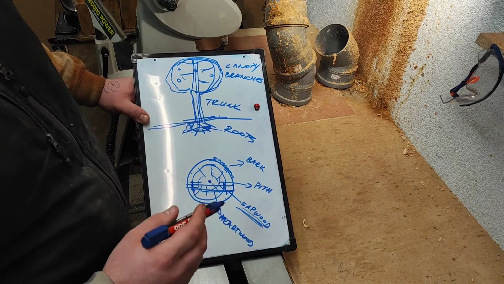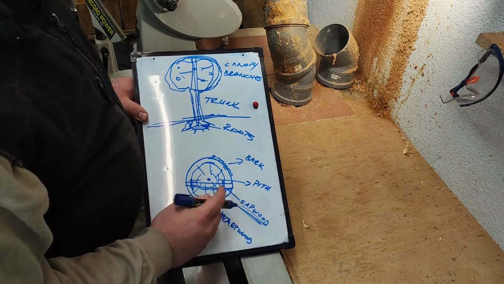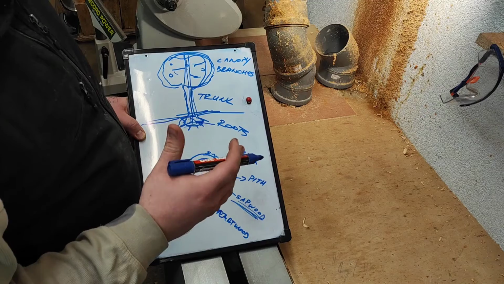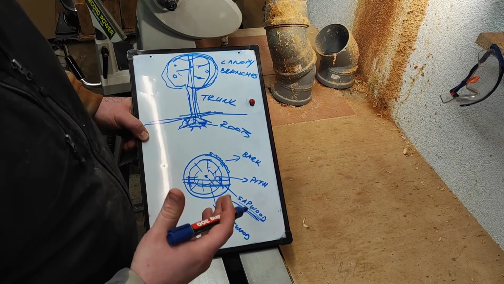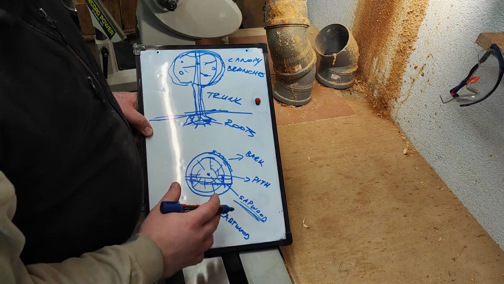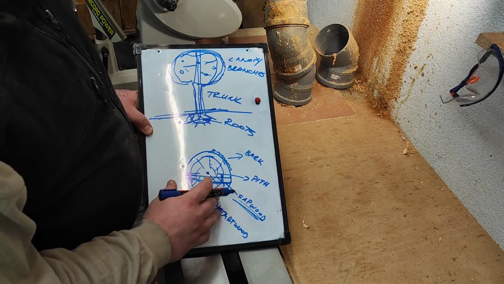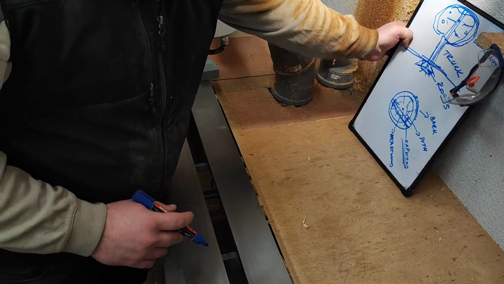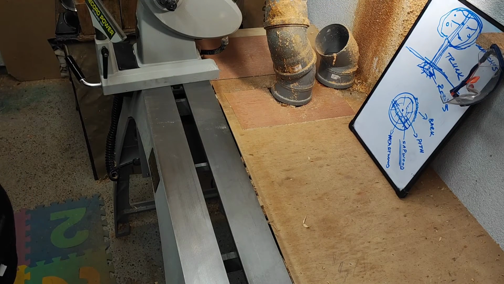Not so much on the finished product, but if the log is sitting on the outside, this will be more prominent. So let me erase this, or I can leave it like that. I want to show you.